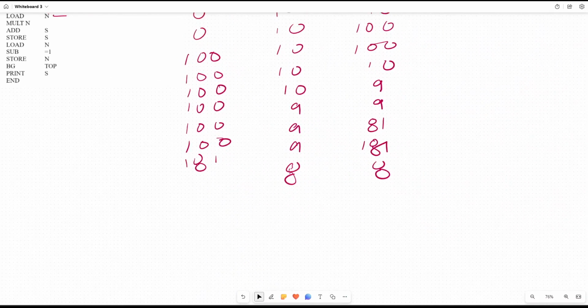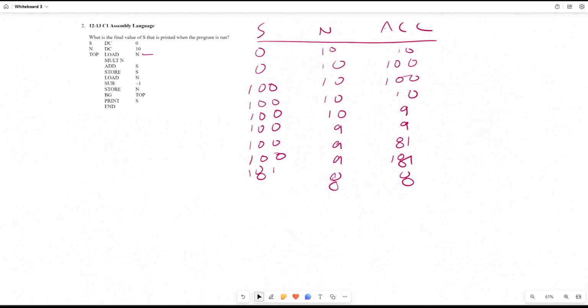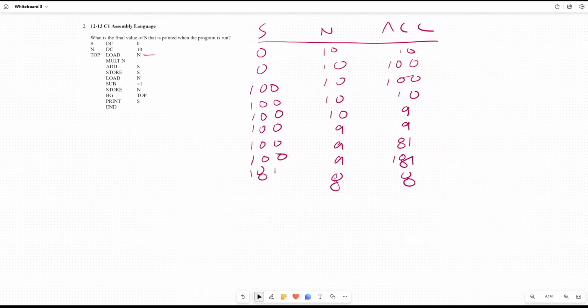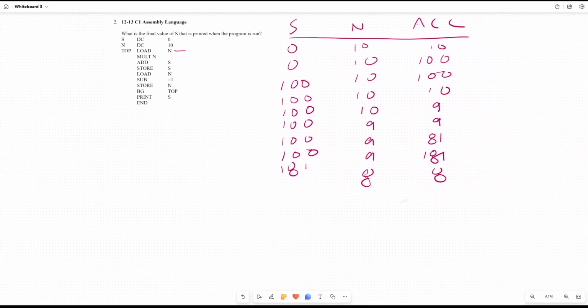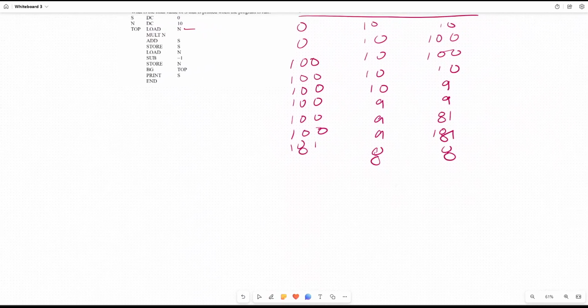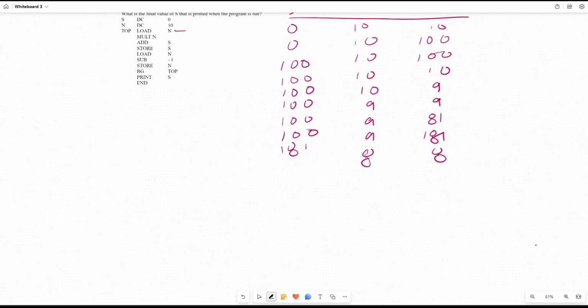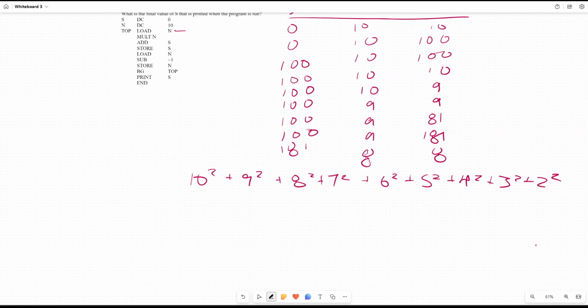Okay, so now you might see that we're developing somewhat of a pattern here. And because we know this is going to repeat until N is equal to 0, we can go ahead and skip having to do all of these steps and just see that it's going to be 10 squared plus 9 squared plus 8 squared plus 7 squared plus 6 squared plus 5 squared plus 4 squared plus 3 squared plus 2 squared plus 1 squared.